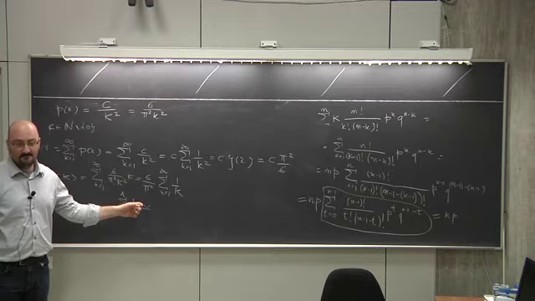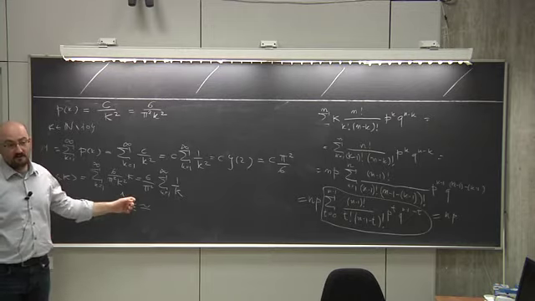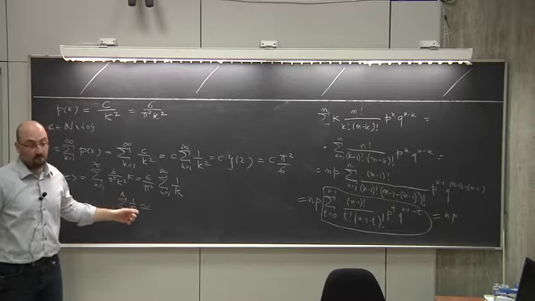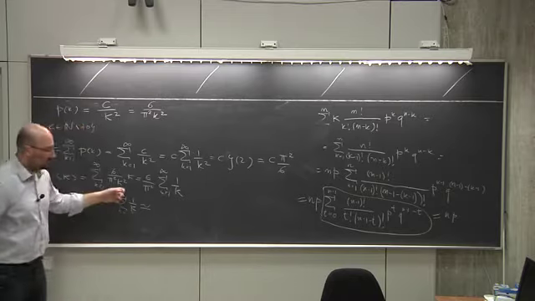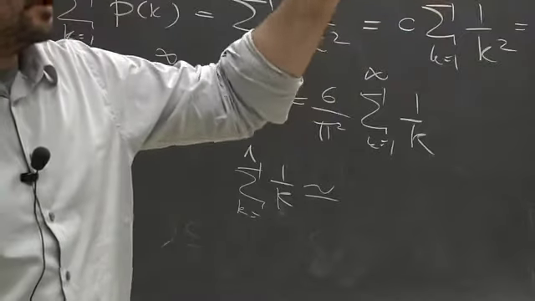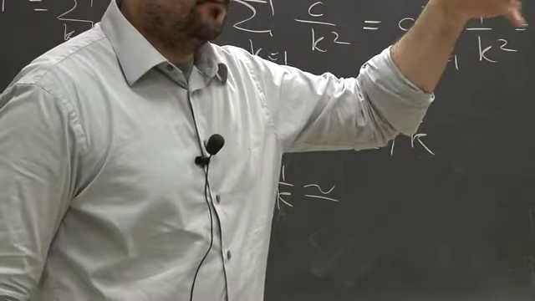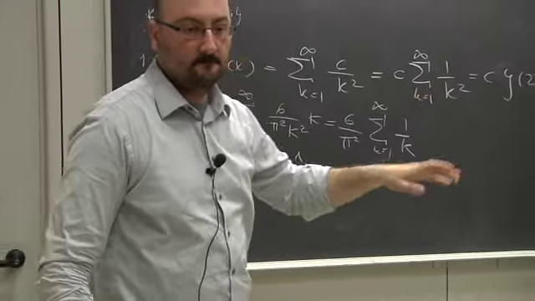the logarithm. Because for very large lambda, I can approximate the sum with the integral. So you always have to think about, when the divergence is at infinity, it's always good to approximate the sum with an integral and try to see how the integral diverges.